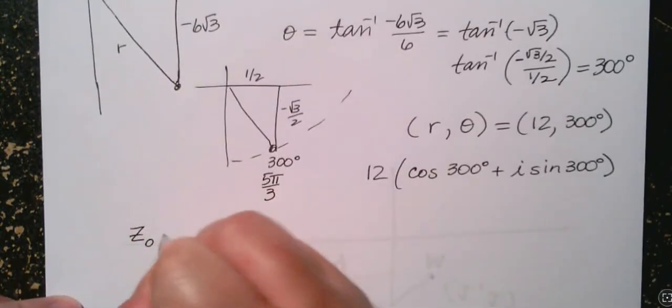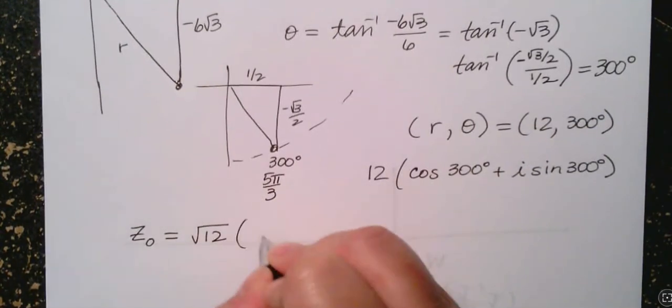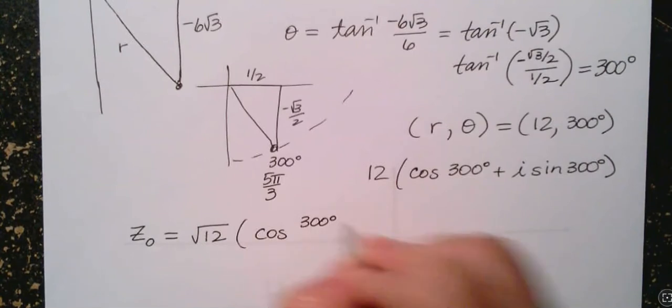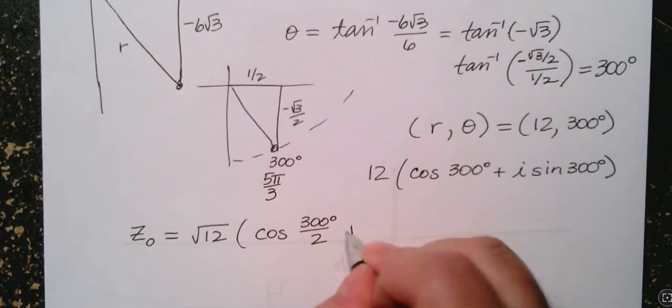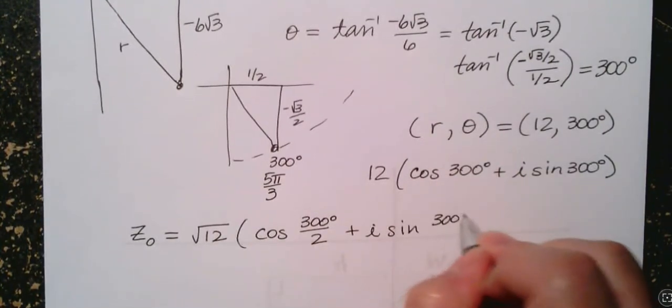So let's go ahead and look at this. z sub 0 equals the square root of 12 times cosine of (300 plus 360 times 0, which means don't add 360) all over 2, plus i sine of 300 all over 2.